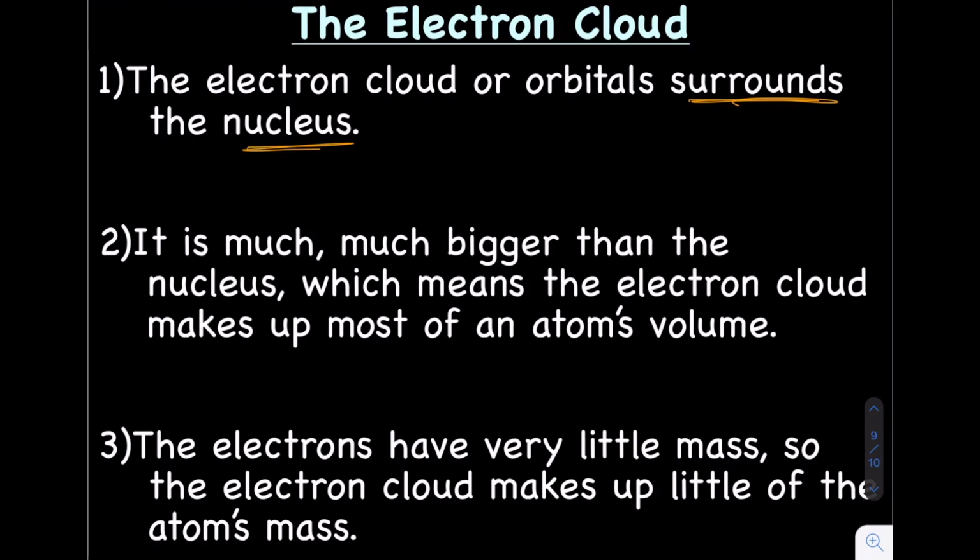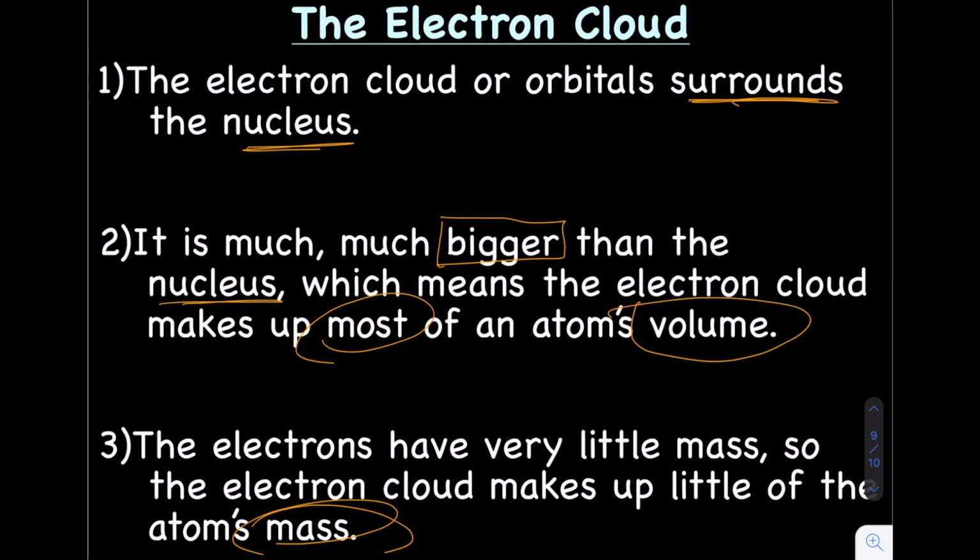The electron cloud is much, much bigger than the nucleus, which means the electron cloud makes up most of the atom's volume. And since electrons are in the electron clouds, and electrons have very little mass, the electron cloud makes up very little of the atom's mass.